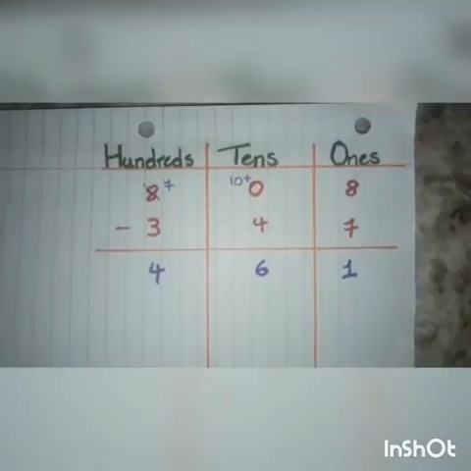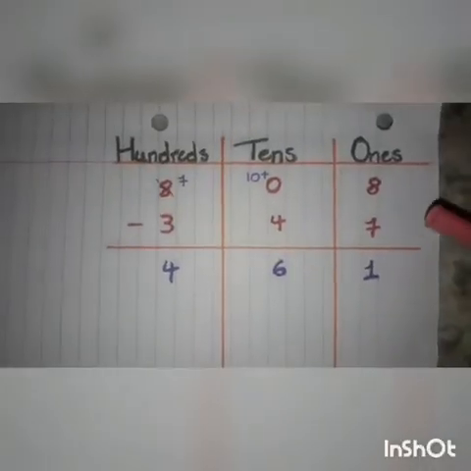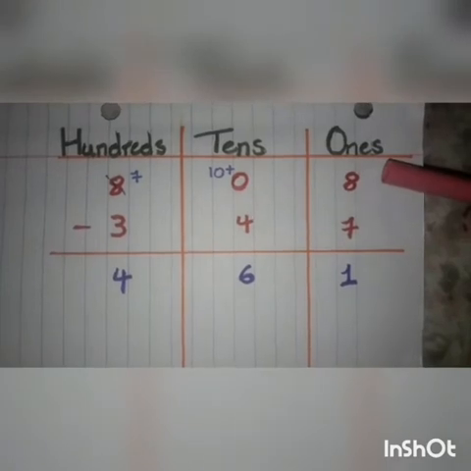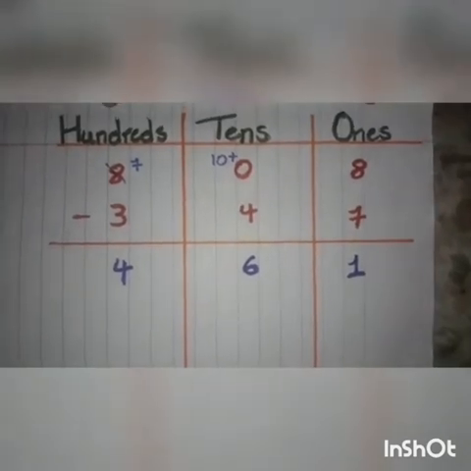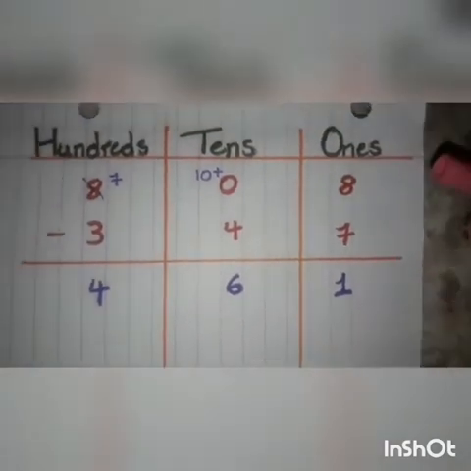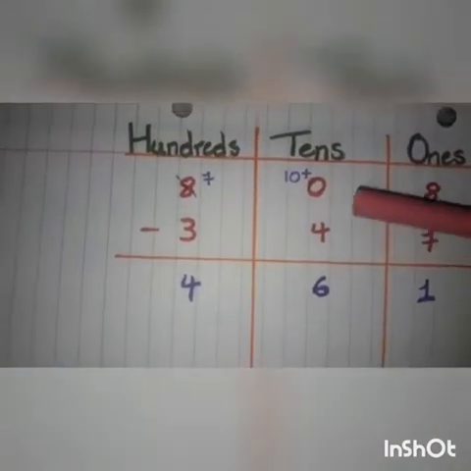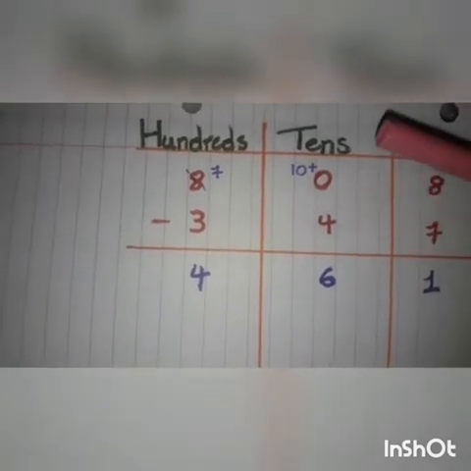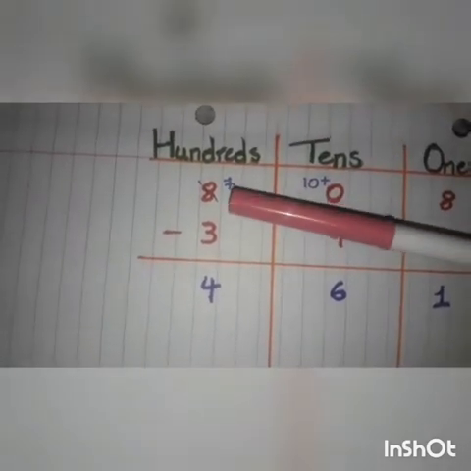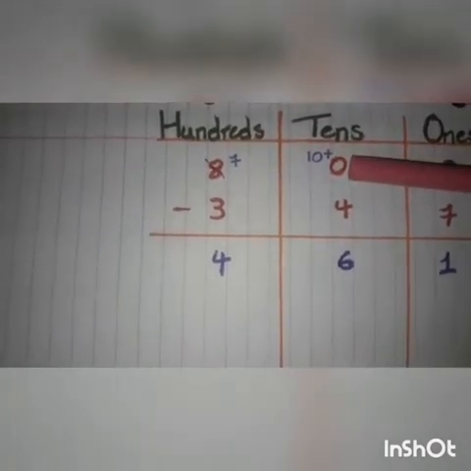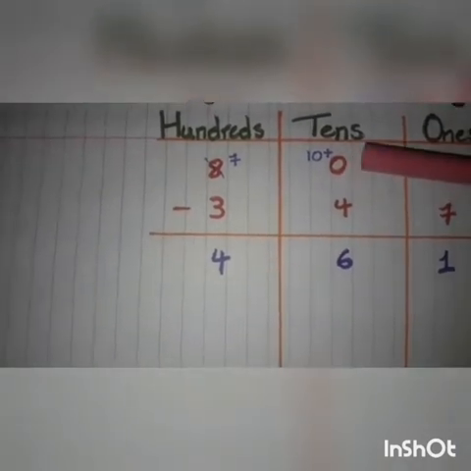Now we're going to solve by subtracting. Here's another place value chart used to solve the question. We have 8 and 7. 8 is the bigger number, therefore it's on top. So 8 minus 7 equals 1. Now we go over to the tens section. 0 is a lesser number than 4, so we're going to borrow 1 from 8. When we borrow the 1, it equals 10. So 10 plus 0 equals 10.